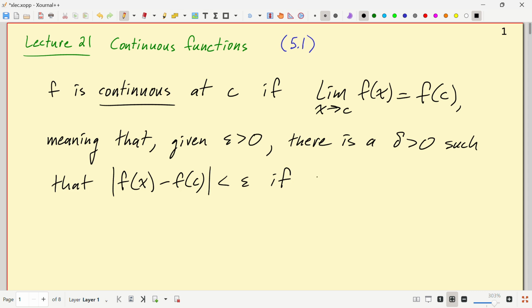But now we don't mention anything like that. We say that if the absolute value of x minus c is less than delta.